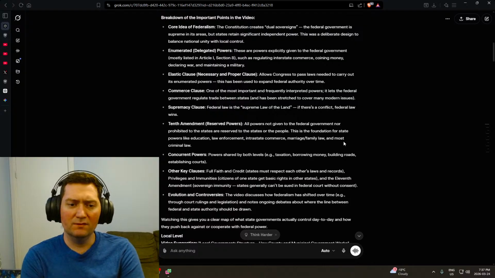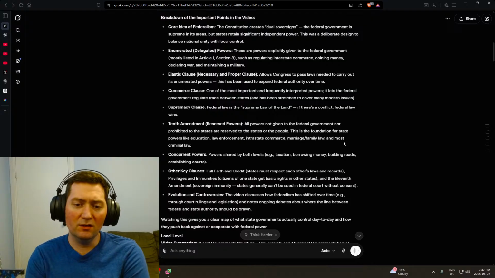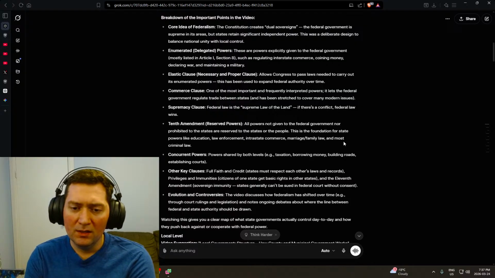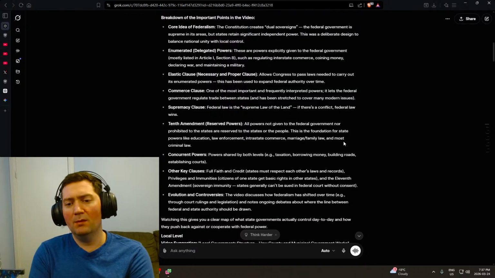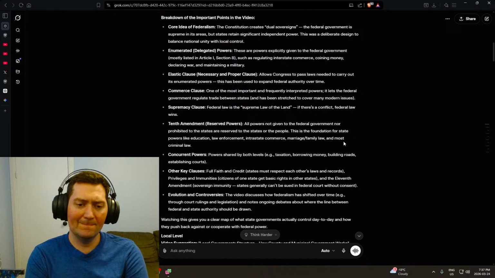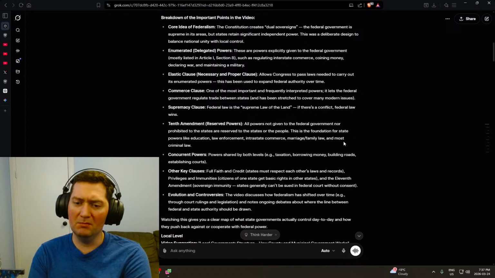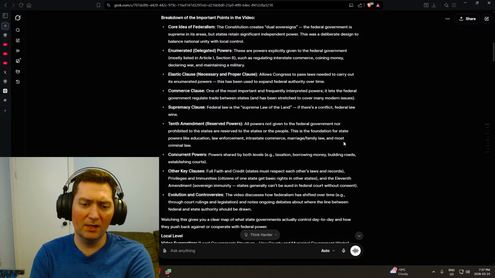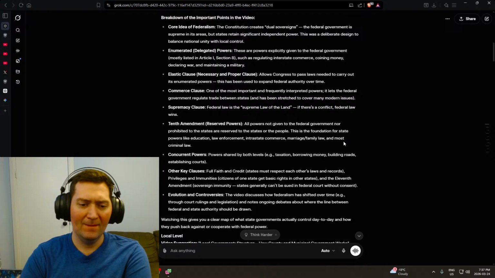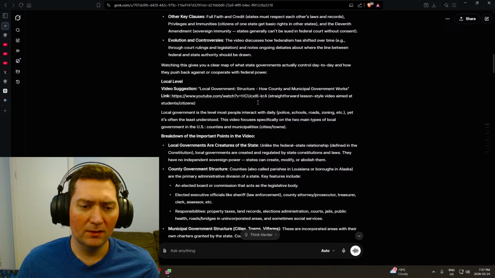This is the foundation for states' powers like education, law enforcement, interstate commerce, marriage and family law, and most criminal law. Okay, concurrent powers, powers shared by both levels: taxation, borrowing money, building roads, establishing courts.